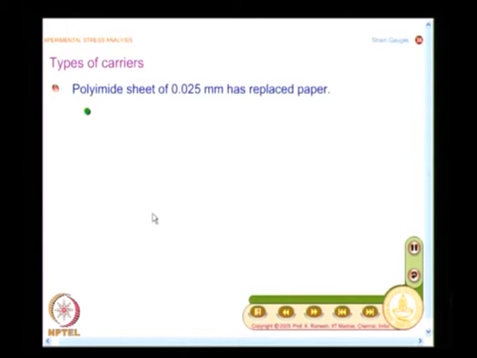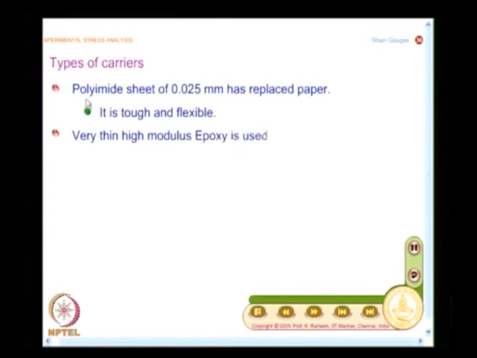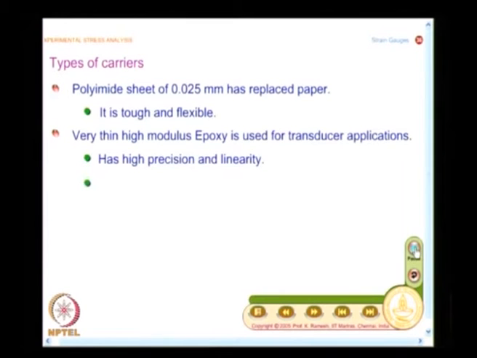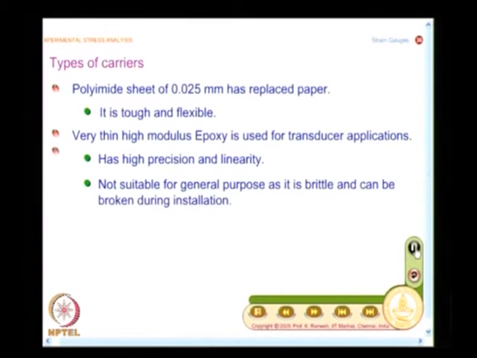So, I have types of carriers: polyamide sheet of 0.025 millimeter has replaced paper, and you also have carrier made of thin high modulus epoxy, which is used for transducer applications. See, special applications require special preparations.